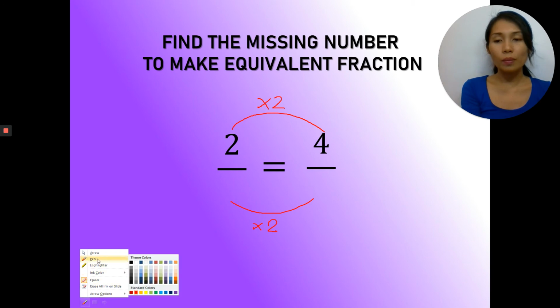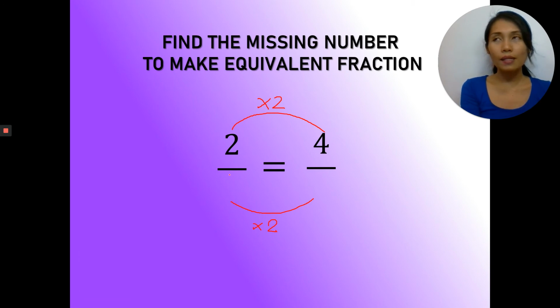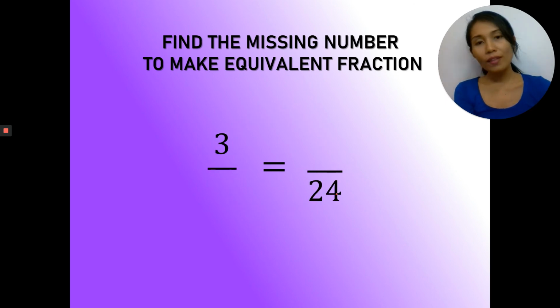What do you want to multiply? Let's say denominator 6. Okay, 6 times 2 equals 12. So that means 2/6 is equal to 4/12. Understand?